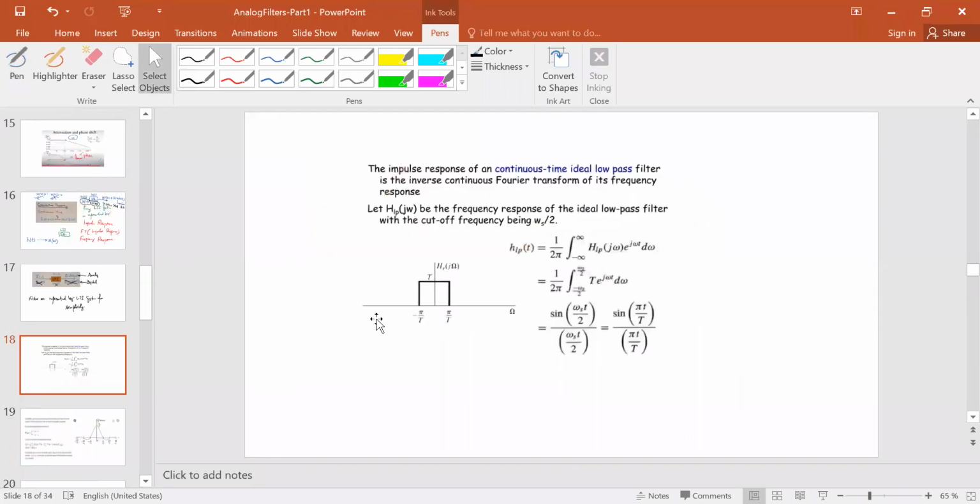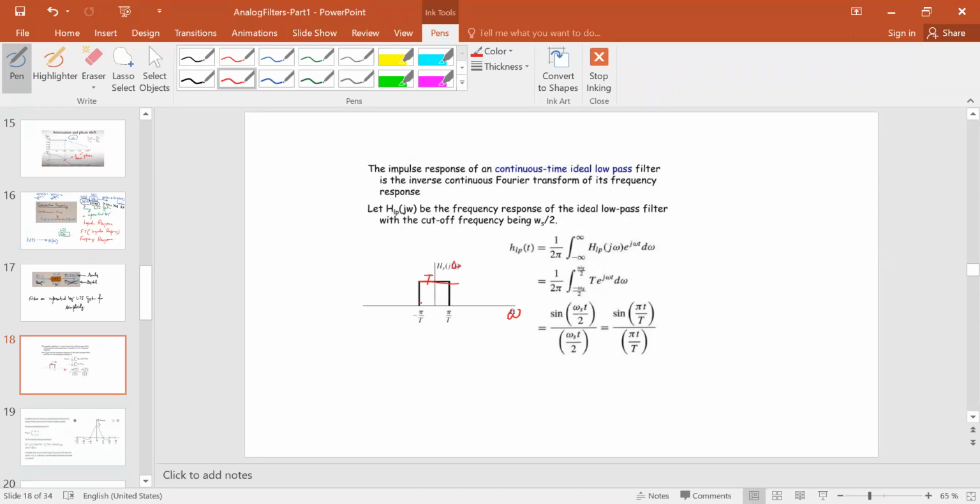And now I would like to share with you some of the responses that we got. The impulse response of a continuous-time ideal low pass filter is the inverse continuous Fourier transform of its frequency response. What happens is that if you give a response in omega, you have to go from minus pi by T to plus pi by T, where the capital T is the sampling period.